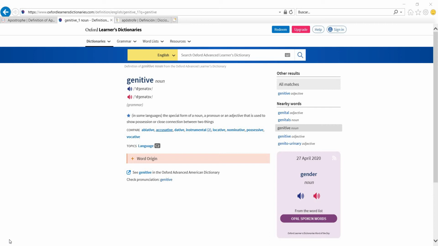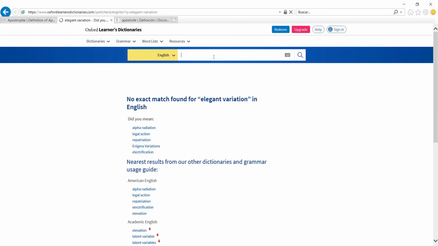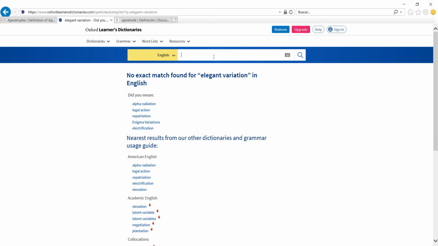Or simply something people refer to as elegant variation. I don't know if you've heard this term, and I don't know if they have it here. No, they don't. It is simply another elegant term to talk about synonymy, right? Though the technical term is synonymy.